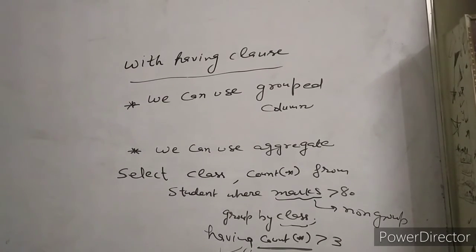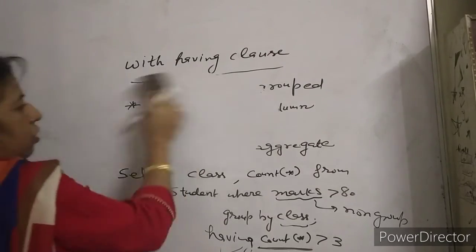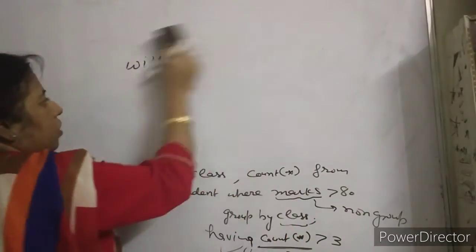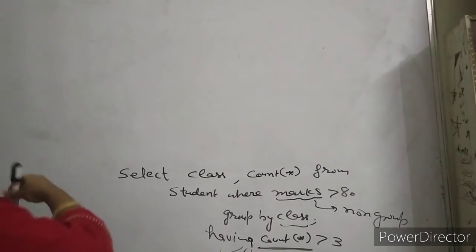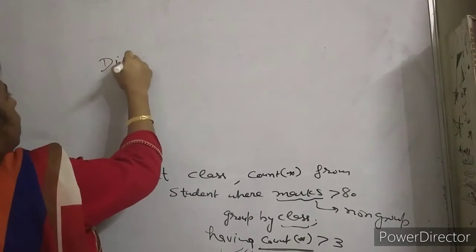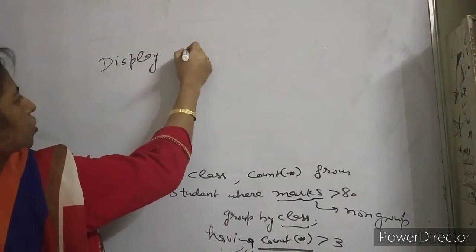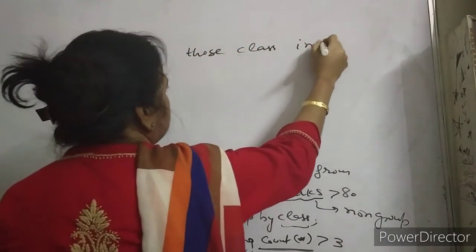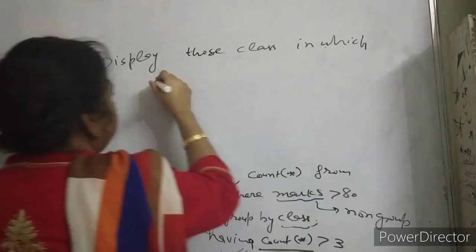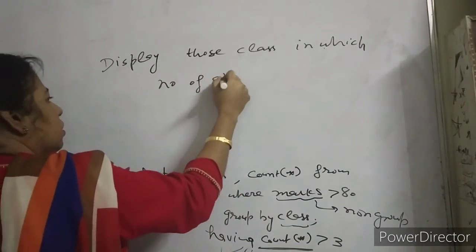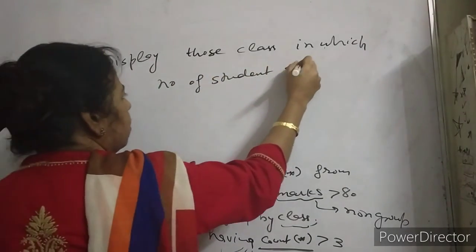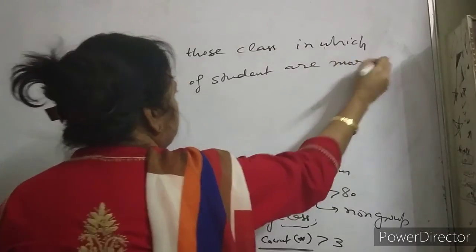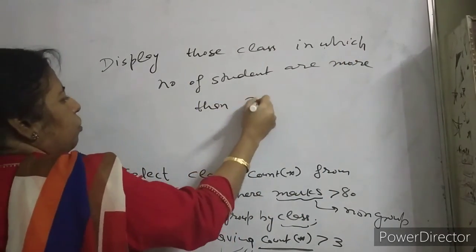What I want to find out? Read this question. Display those classes in which the number of students is more than, suppose, 3.